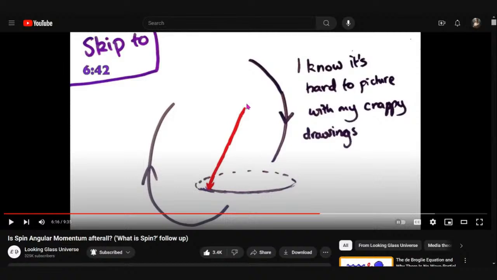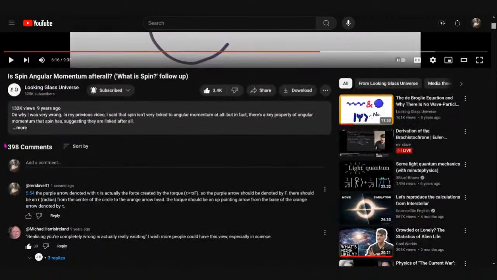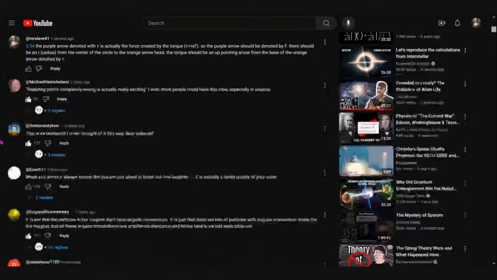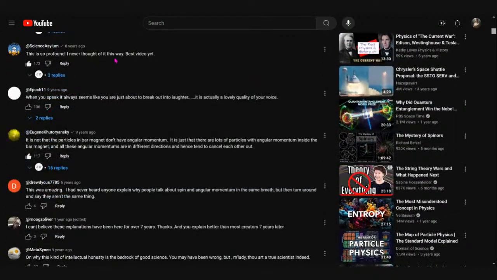You should just have an up arrow for torque, and it's always going to do the same thing. It's always going to cause L to change to precess, and that's it. Let me see if I can find, where are you getting this? This is 616. Has anyone spoken about this? This is so profound.